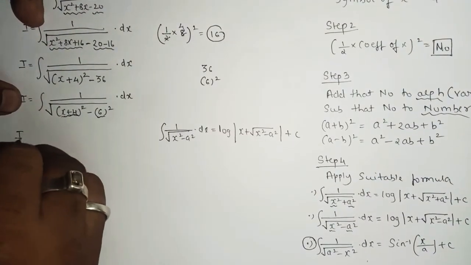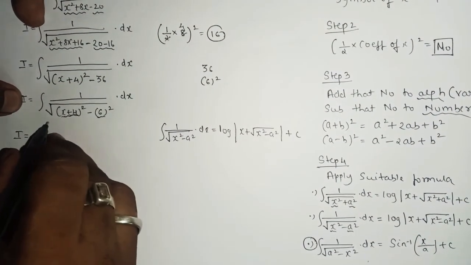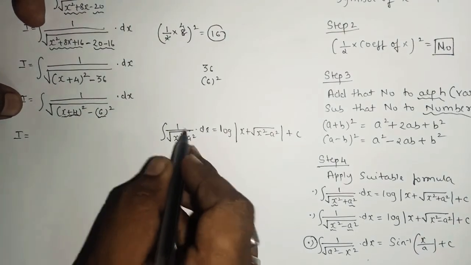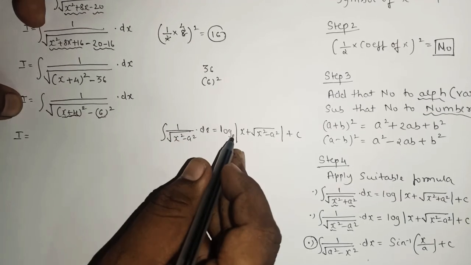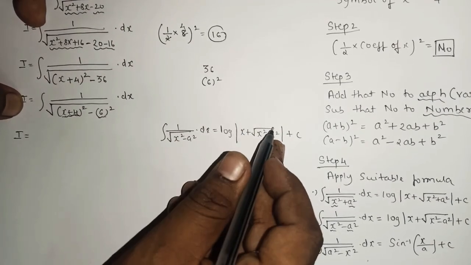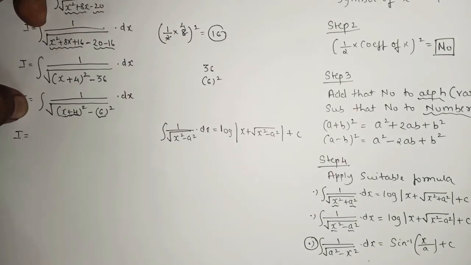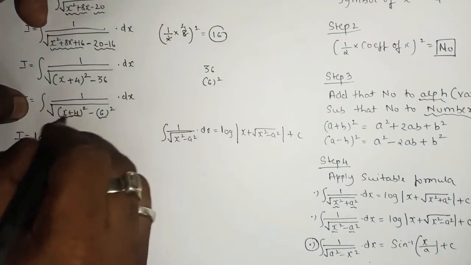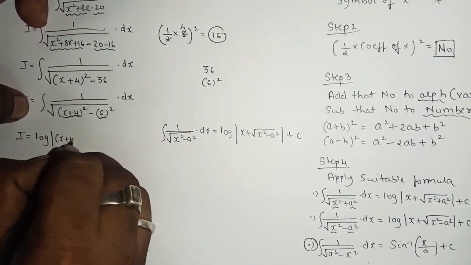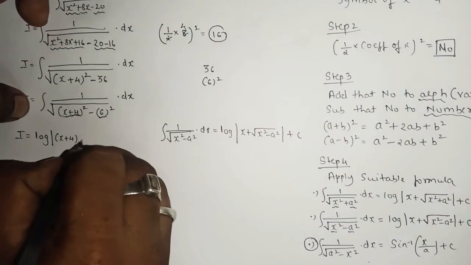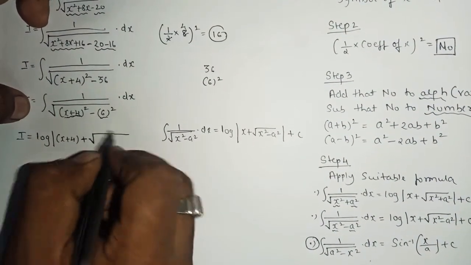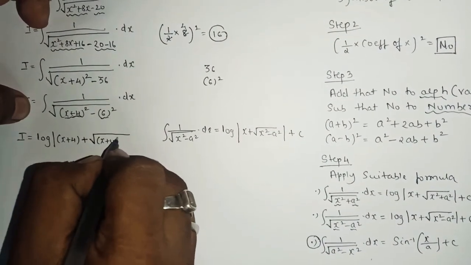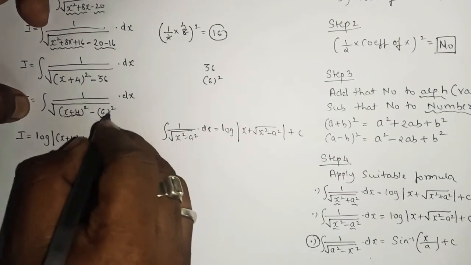Okay, so here we will be integrating with respect to x. This integral looks like this part, so its answer will be log mod x plus root x square minus a square plus c. So the answer will be log mod of x plus 4, yes or no, plus root of x square, so this is x square on this part, minus a square, so this is a square.